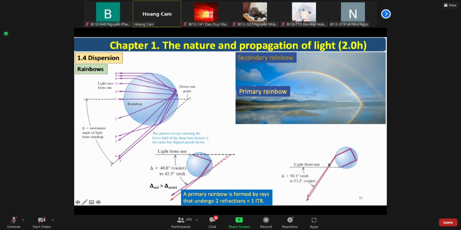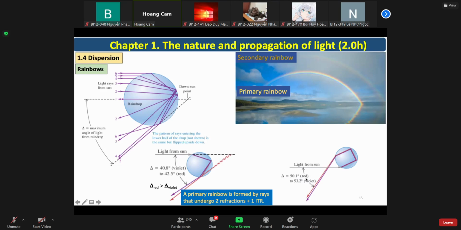For the second case, the light from the sun goes this way, and then it experiences first reflection, second reflection, right? Due to the refraction, we also got the dispersion, which makes the colors split like this. So we will achieve the light from the sun here.